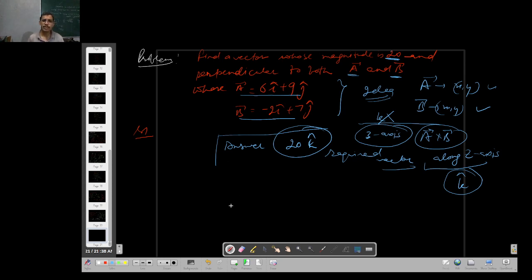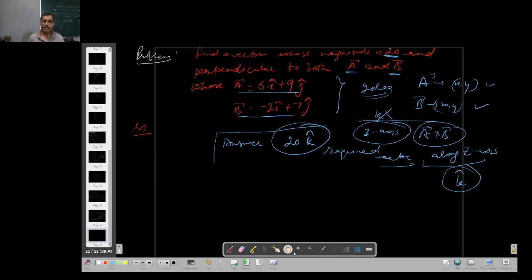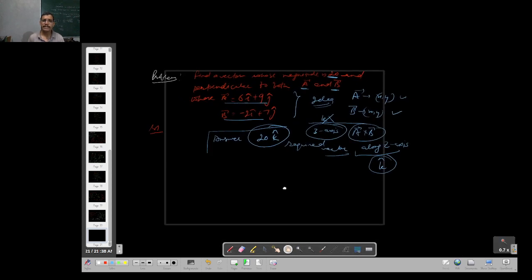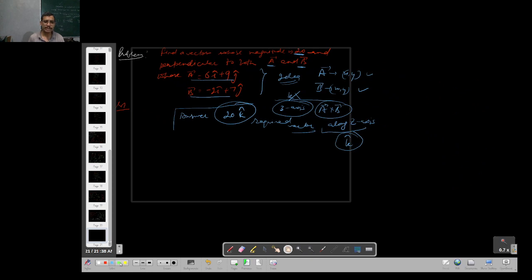First of all we need to find the vector whose direction is perpendicular to both A and B. So to find the direction we need to find the unit vector of A cross B, because A cross B is perpendicular to both A and B. So it is A cross B divided by its magnitude.